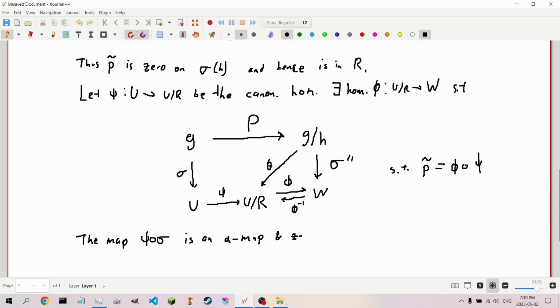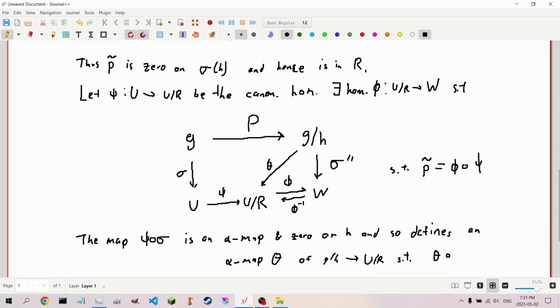And is 0 on H and so defines an alpha mapping theta of G over H into U of R, which is the map theta from above that I drew in prematurely.